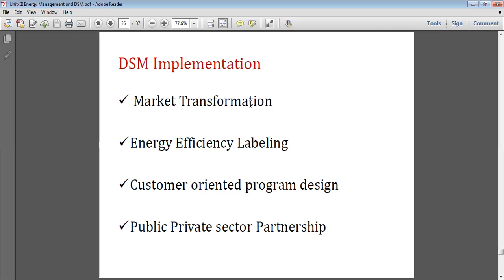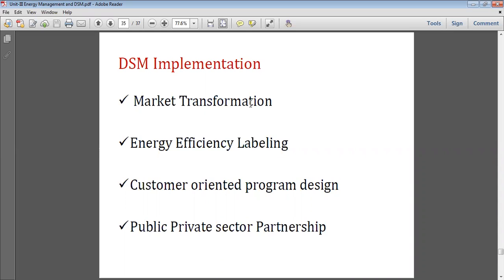It is found that every year more than 1 lakh agriculture pumps are added to the system. So it is definitely going to increase the demand on the power plant. And if the demand is increasing, we have to go for the expansion of the thermal plant and hydropower plant, which is very costly, which we have already covered.